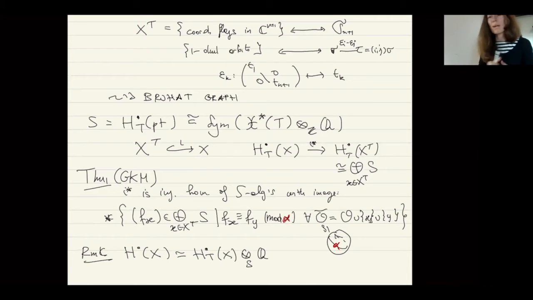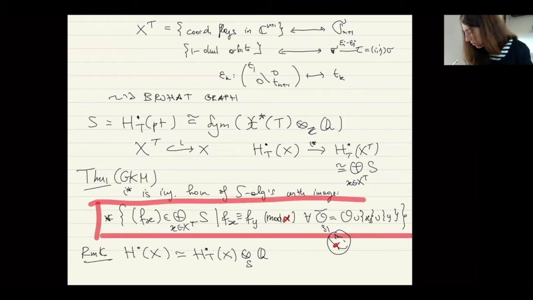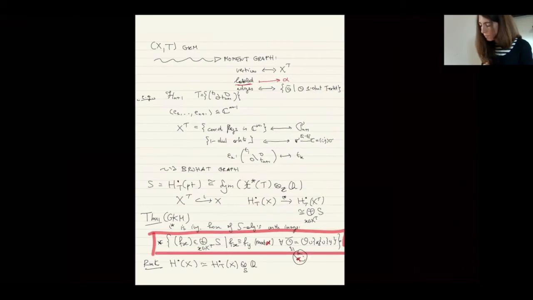All right, but now why are we happy with that? Why do we like this description? So that's what I want to spend the next 5 minutes on.